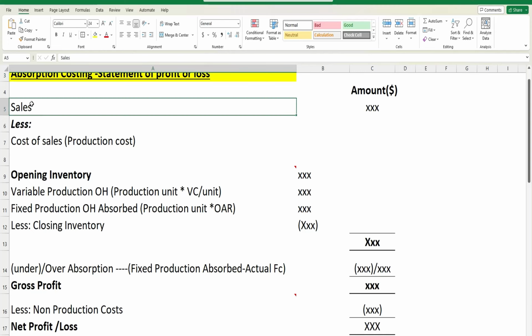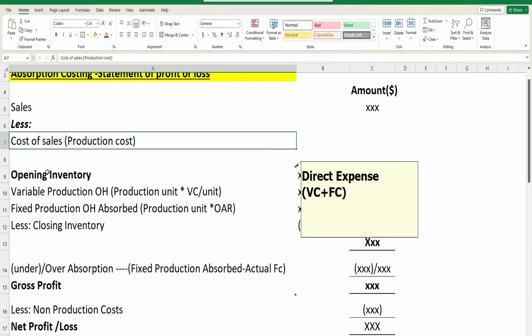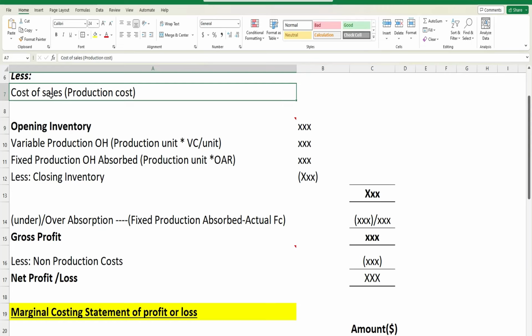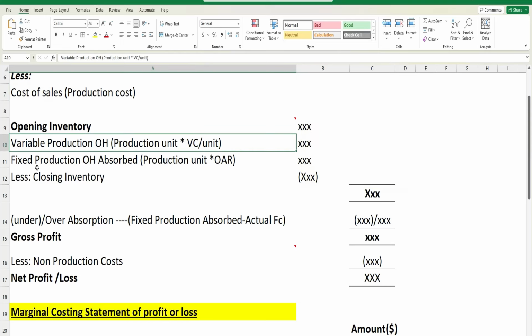First we take the sales, that means sales units into sales price per unit, and then we deduct the cost of sales, that is, the production cost. The formula for cost of sales is opening inventory plus purchases minus closing inventory. So here we consider opening inventory plus production less closing inventory, and for the production we take both variable and fixed.